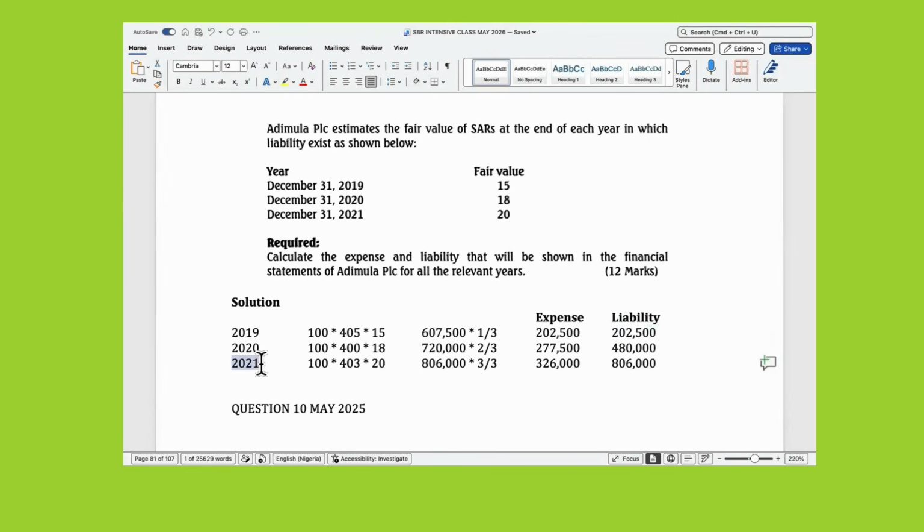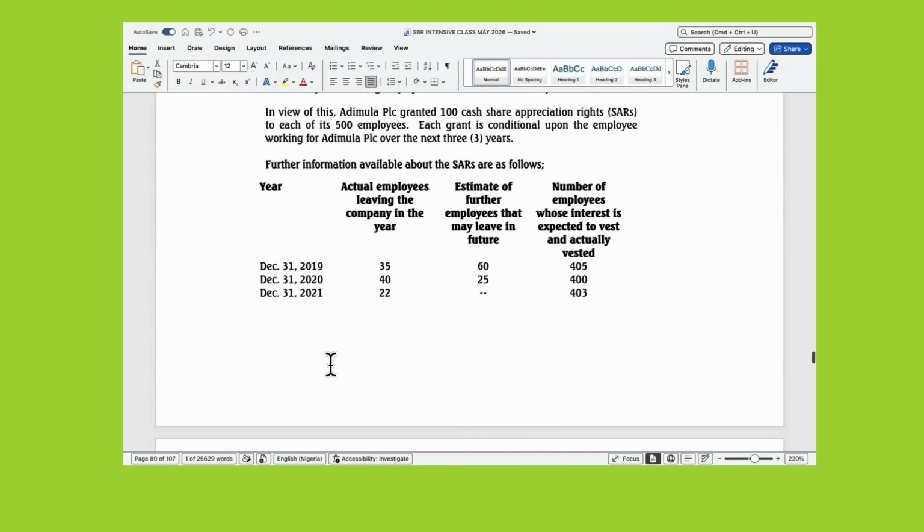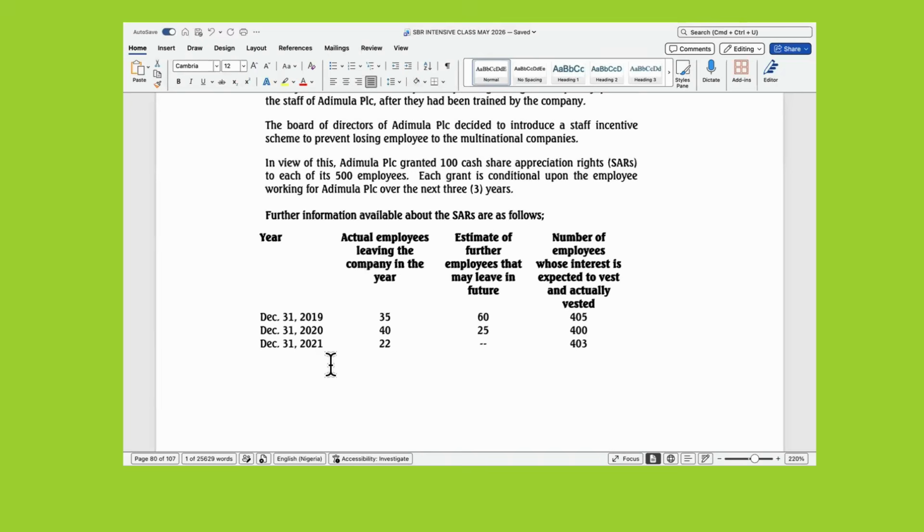In 2021, we still have 100 share appreciation rights, but now this is the year of vesting. We now know that 22 actually left in 2021. Of course, they cannot give us any estimate of people that will leave in the future. There's no future again.